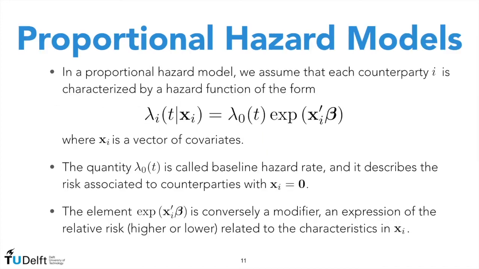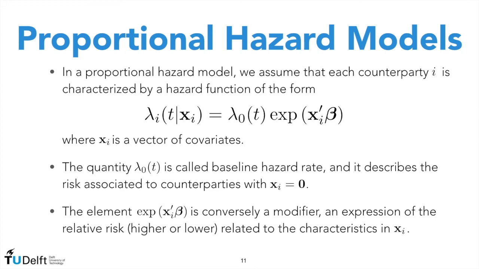In a proportional hazard model, each counterparty i is characterized by a hazard function of the form that you can see on your screen. This representation tells us that there is a quantity lambda 0 of t, which we call baseline hazard rate, which describes the risk that all counterparties share, and it's associated to the fact that the covariates contained in the vector xi are all equal to 0.